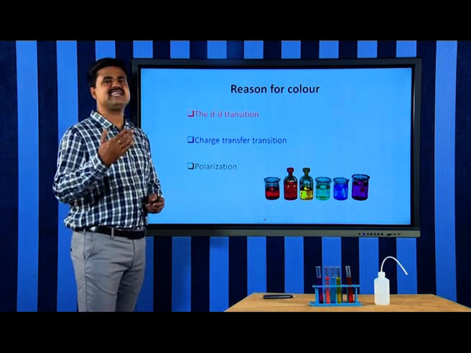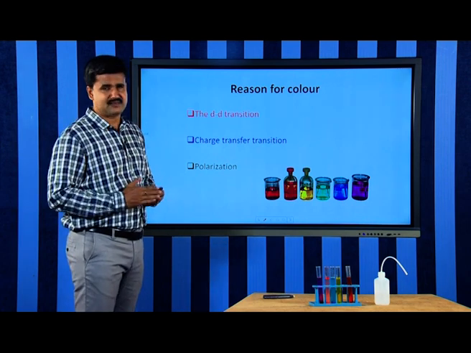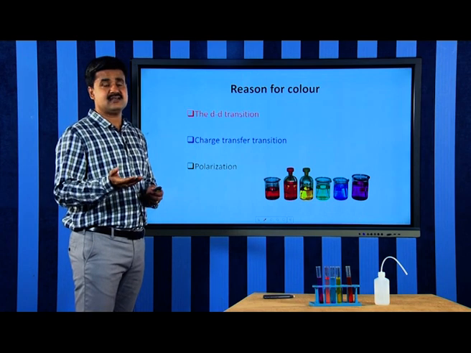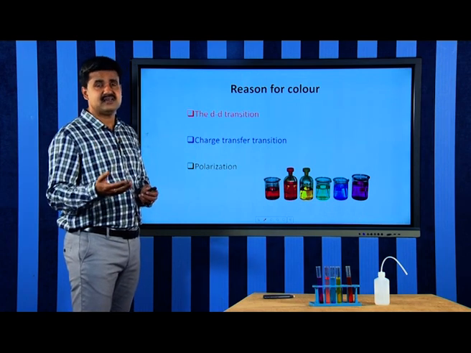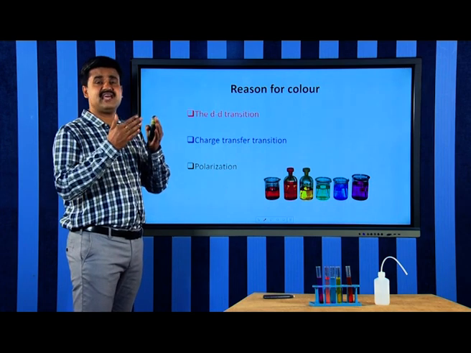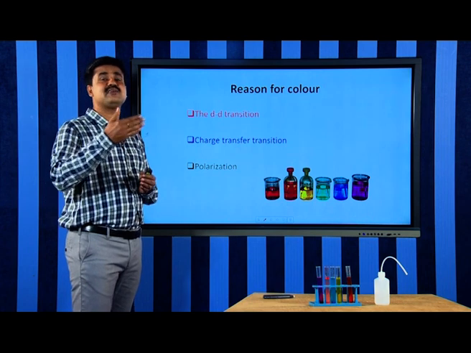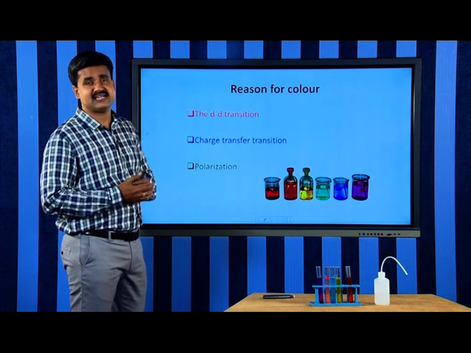What do you mean by d-d transition? We know that there are 5 d orbitals. The 5 d orbitals are dxy, dxz, dyz, dx2-y2 and dz2. When an element is converted to a compound, all these d orbitals will not have the same energy.